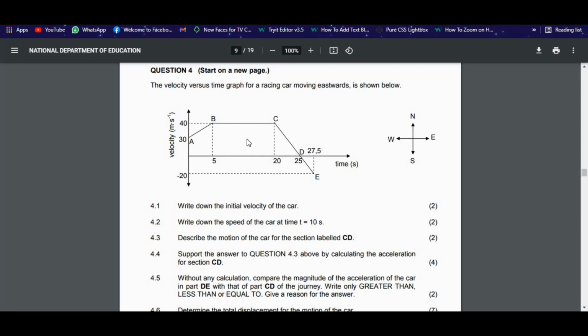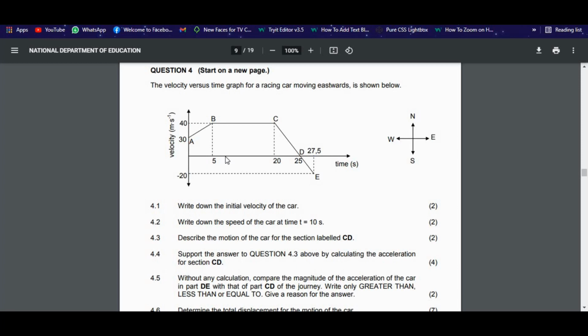So at 10 seconds, let's say 10 is in the middle of 5 and 20, for example, somewhere around here. What is the speed? We could just read that off the graph. The speed stays the same from 5 seconds to 20 seconds. So what is the graph at time equals 10 seconds? At the 10-second mark, what is the speed of the racing car? Extremely straightforward.